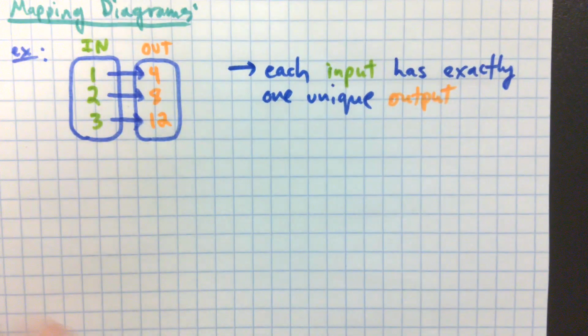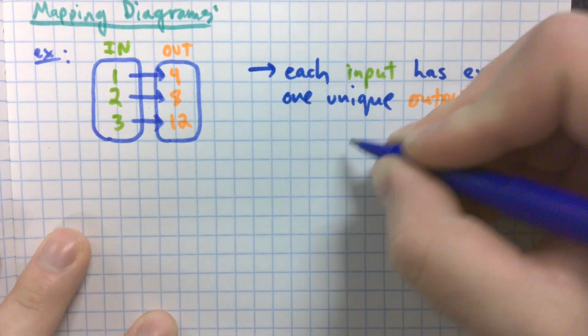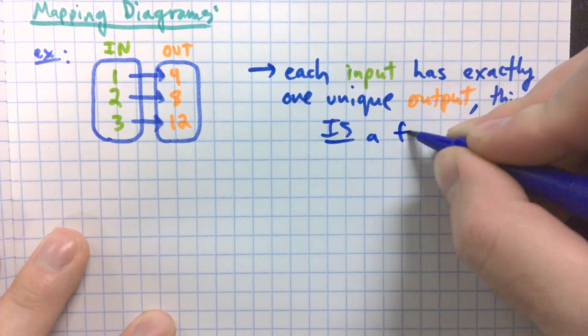So because each of these inputs has exactly one unique output, by definition, this is a function.